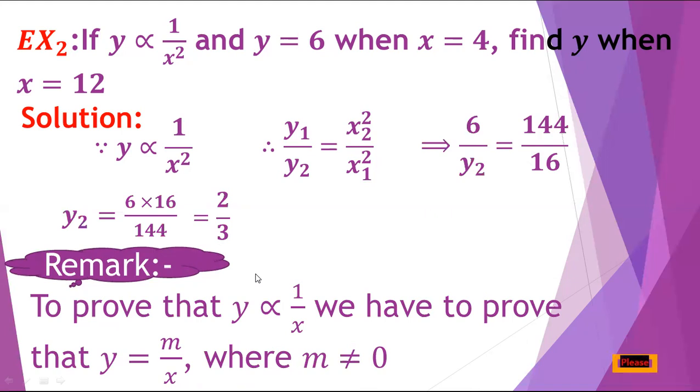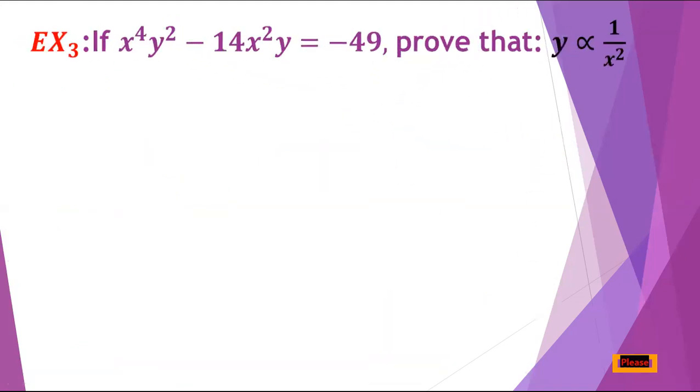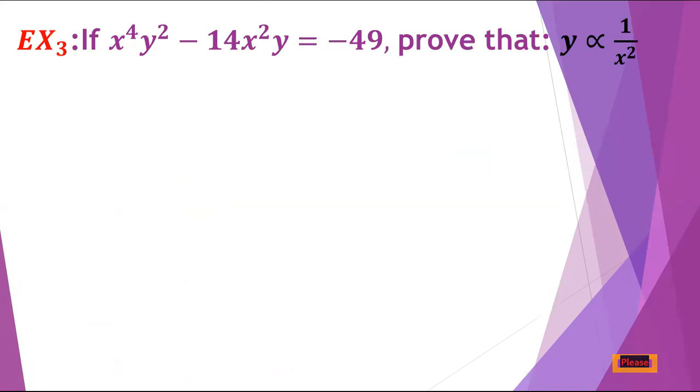But in the inverse, we must prove that y equals m divided by x. Example 3: if x power 4 y power 2 minus 14 x power 2 y equals negative 49, prove that y varies inversely as x power 2.